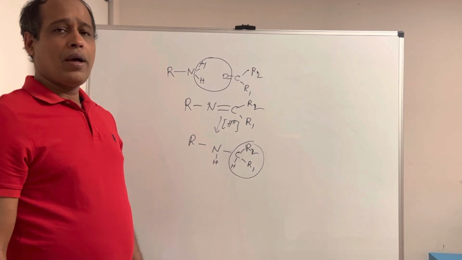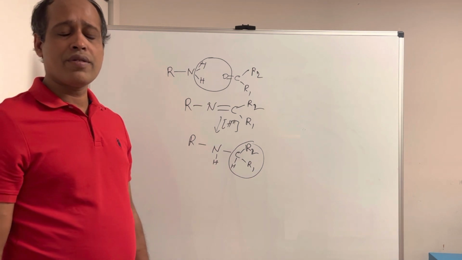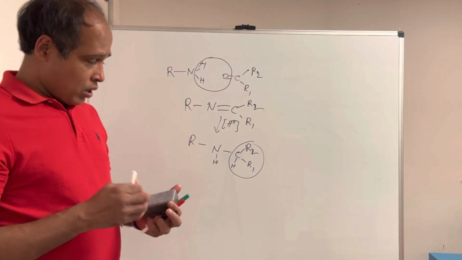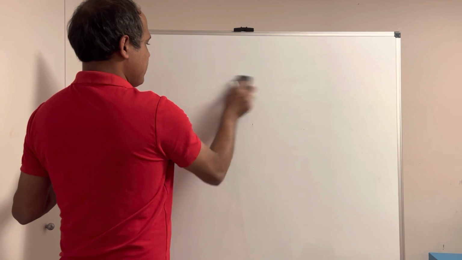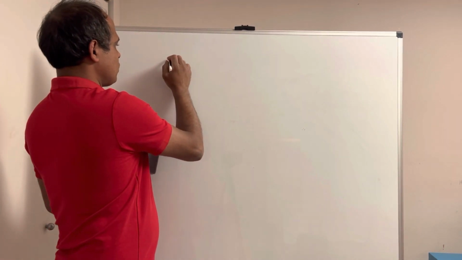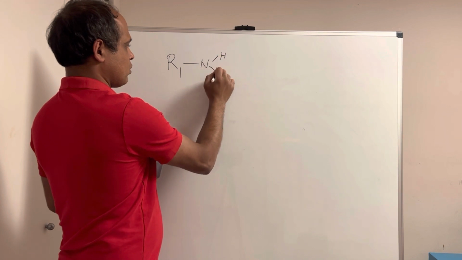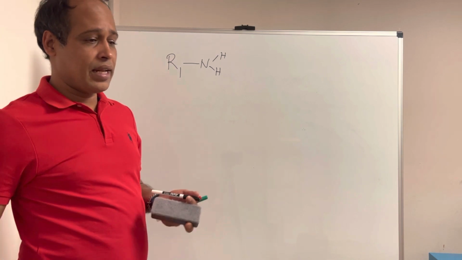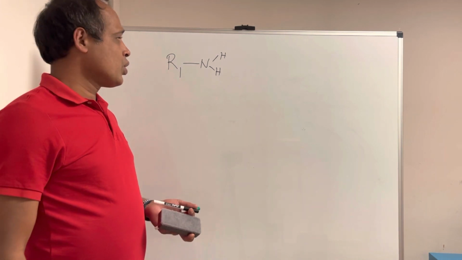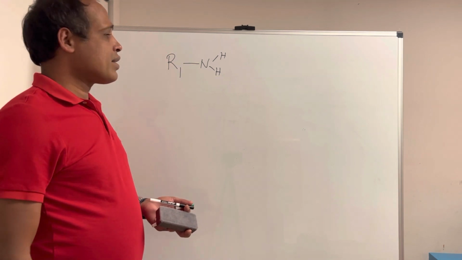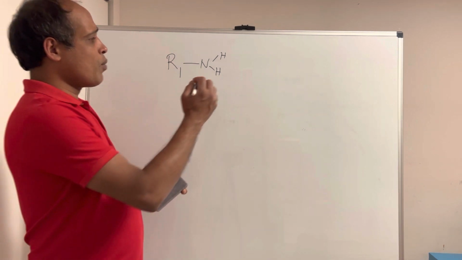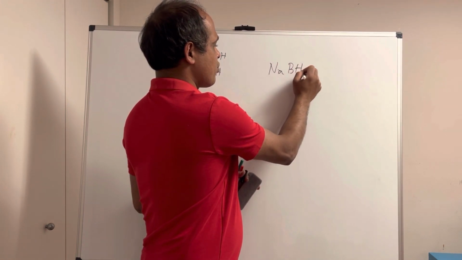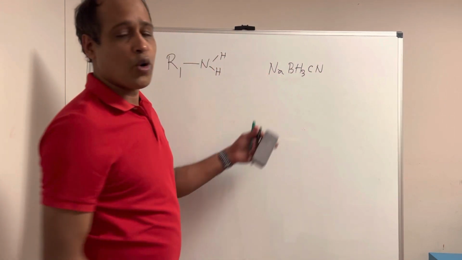Let's see how it works, what reducing agents are used for this purpose, and what the mechanism is. Basically, in a primary amine you can use an aldehyde alkyl chain to do the monoalkylation. As a reducing agent, the common one is sodium BH3 cyanide, like sodium cyanoborohydride.